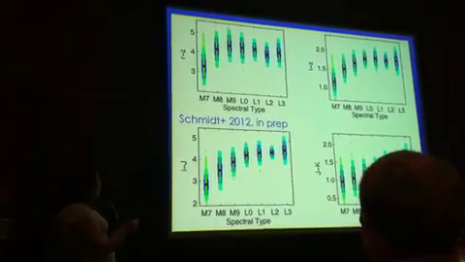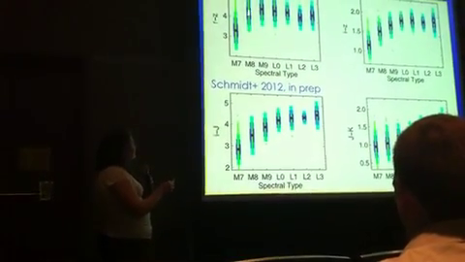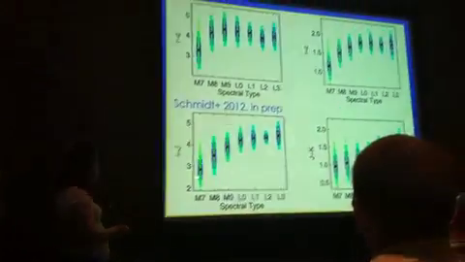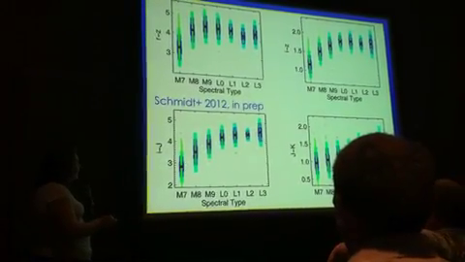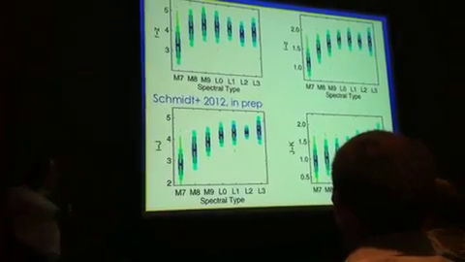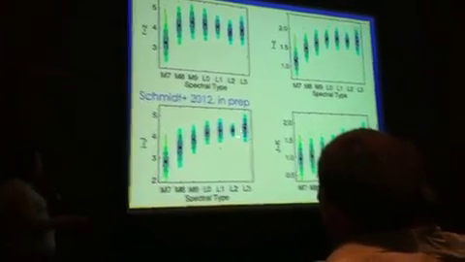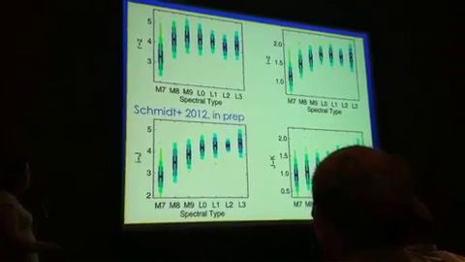This may be a little more complicated than it needs to be, but I have single objects here in this sort of muddy green line. The median for each spectral type bin is the black here, and then these are the standard deviations from the median. So the dark is the 1 sigma standard deviation.